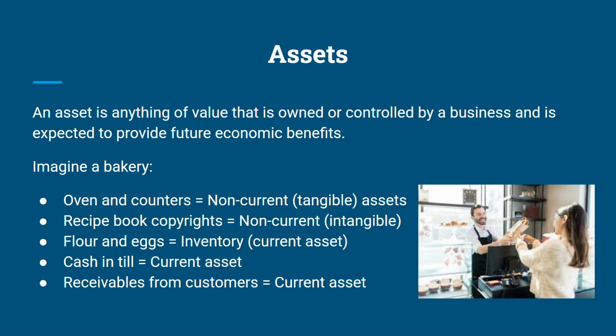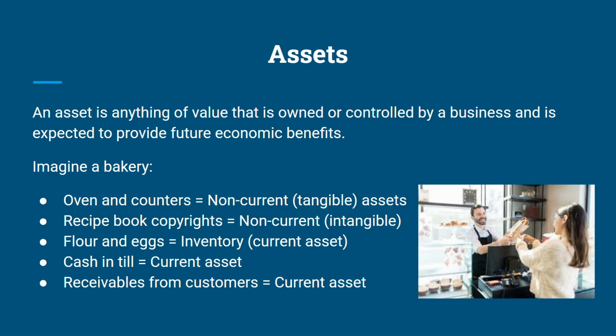So things like this. Recipe book copyrights, flour and eggs, obviously ingredients, these are also assets. Cash in till, so any cash you get from customers when they buy from you, that is owned by the business, right? Anything good that the business owns or receives and it's theirs, which can benefit them financially, is an asset.